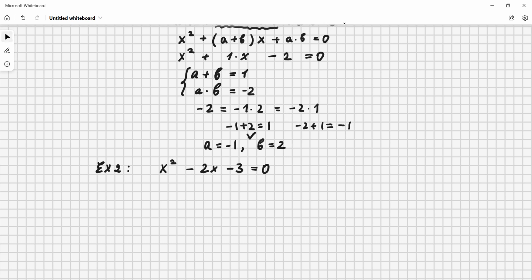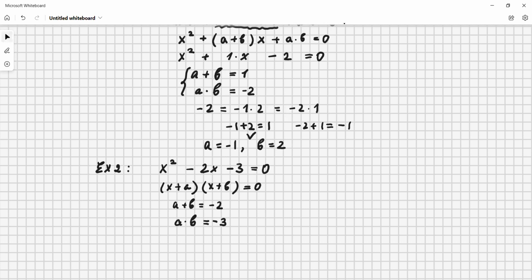If you want to factor it as x plus a and x plus b, what kind of factors can we get? We remember that a plus b must be equal to -2, that's the sum of two numbers, and a multiplied by b must be equal to -3.